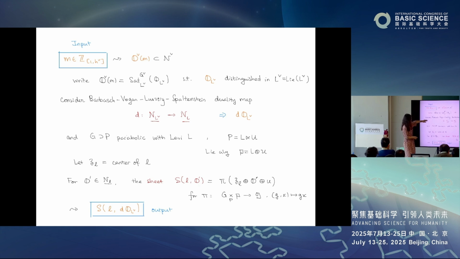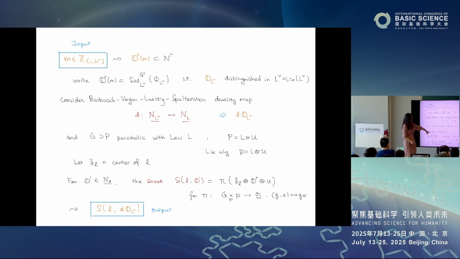So this is one ingredient, and another ingredient is the following. Here you have a Levi L check, and I consider its Langlands dual L, and I take a parabolic subgroup of G whose Levi is this L. Its unipotent radical is denoted by U, and these are their Lie algebras.